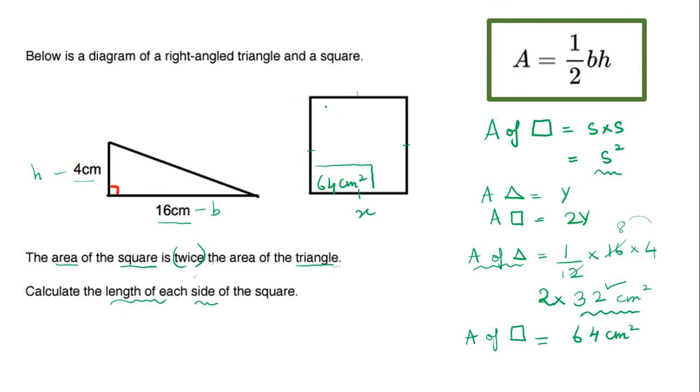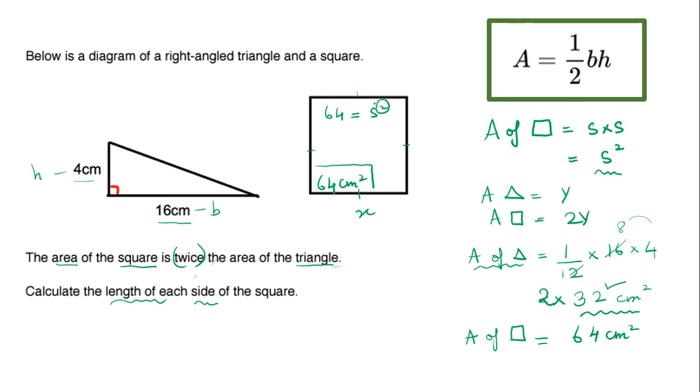So my area, I can just replace it with 64 is equal to s squared. Or you could take x squared, anything. Just replace the s with any variable or let it be s. So I have 64 because that's my area. So 64 equals s squared.